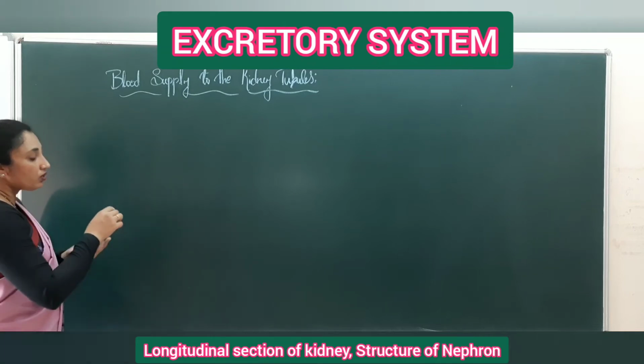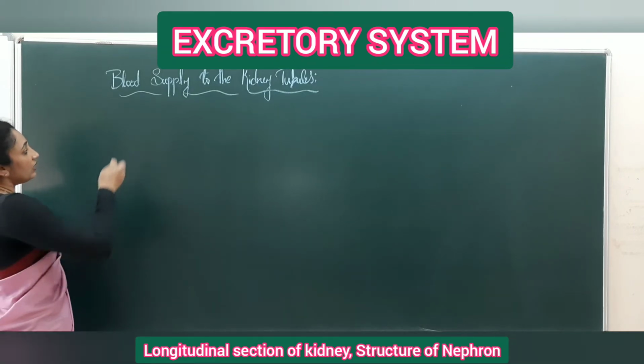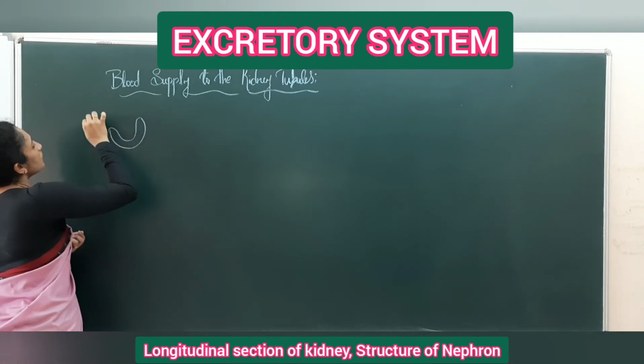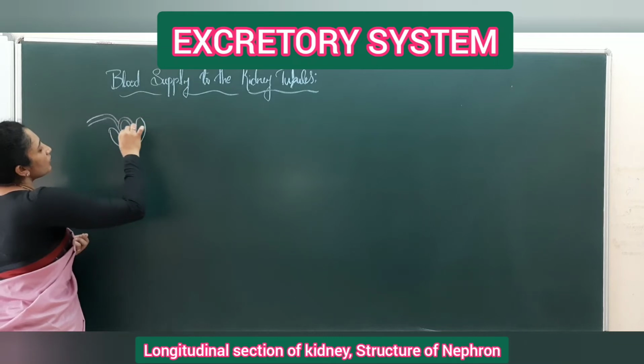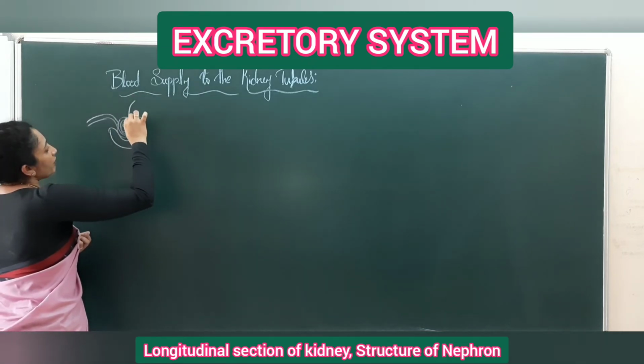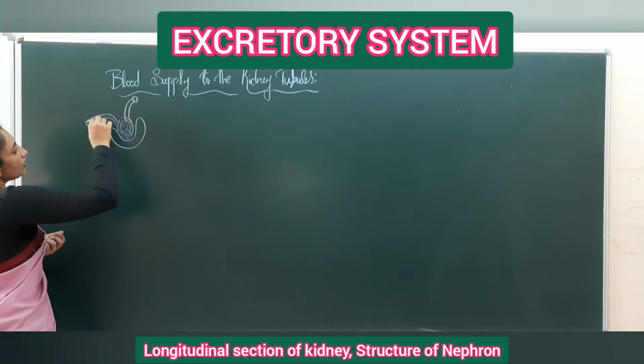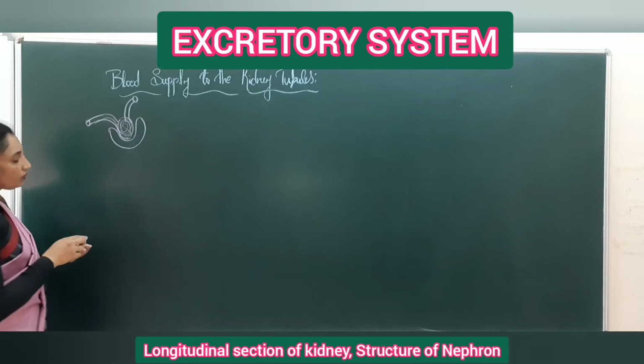So when we talk about the structure, once again, just check this out. This is the Bowman's capsule. This is the afferent arteriole which enters into the Bowman's capsule and forms the glomerulus, and again it emerges out. So you should be careful about these two structures now.